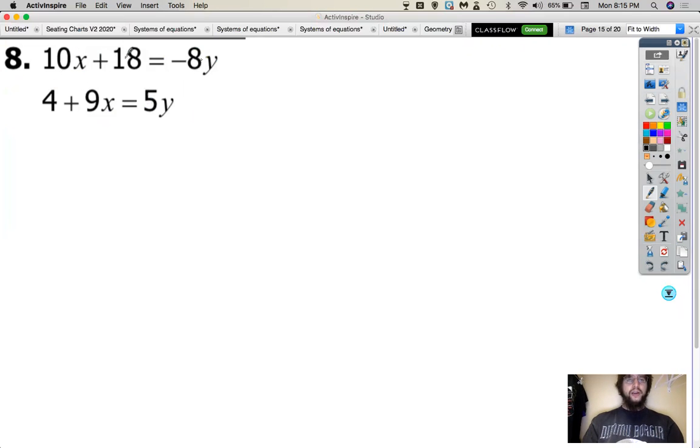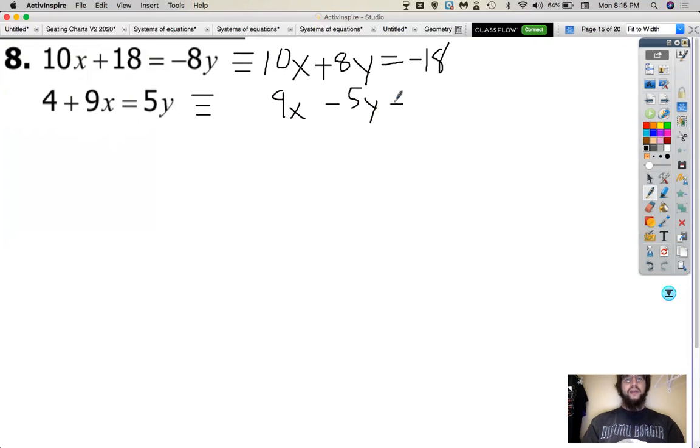So I'm going to first rearrange. I'm going to add 8y, subtract 18. That's 10x plus 8y equals negative 18. This one needs an equivalent expression. I'm going to subtract the 4. I'm going to subtract 5y. Line up the x's. 9x minus 5y equals the 4.